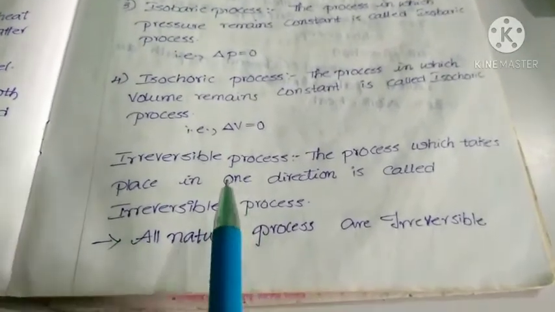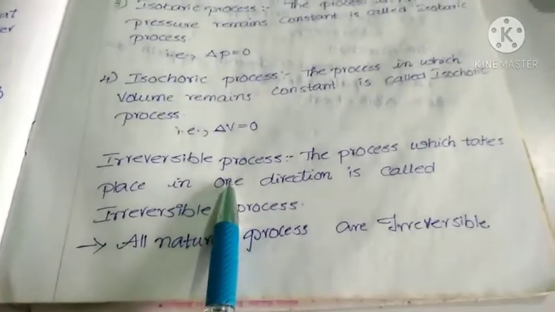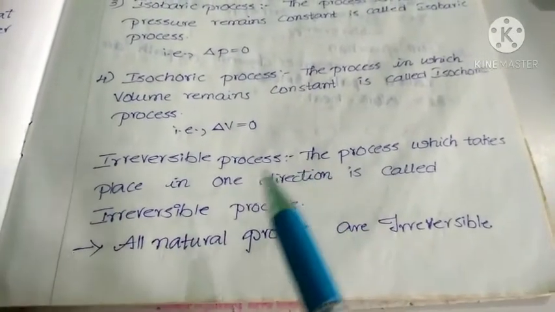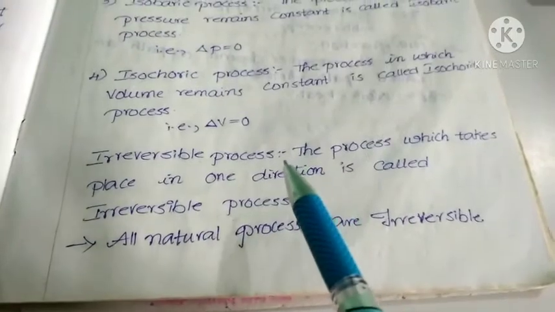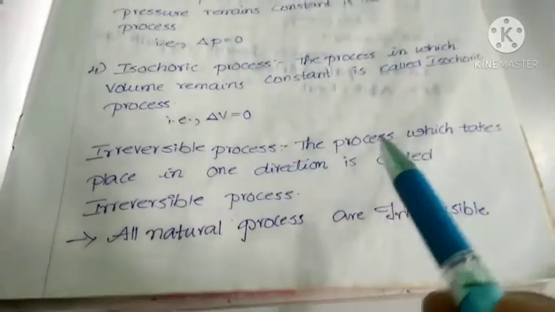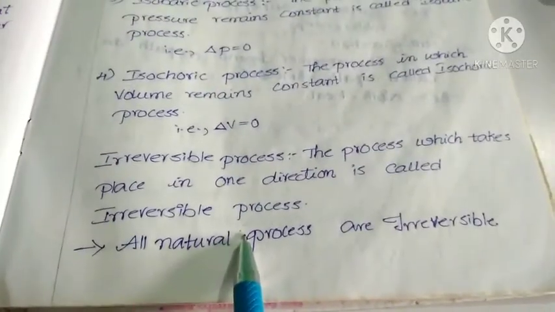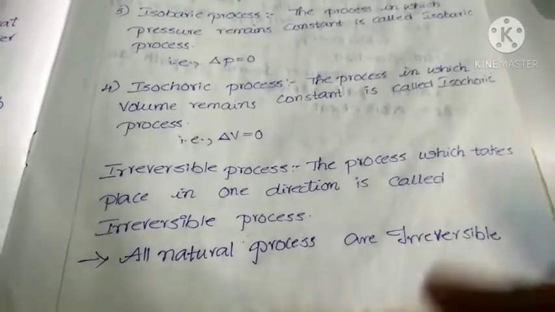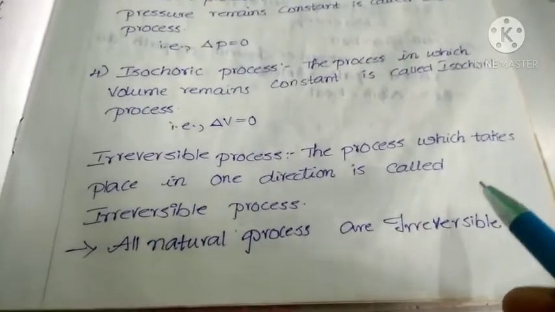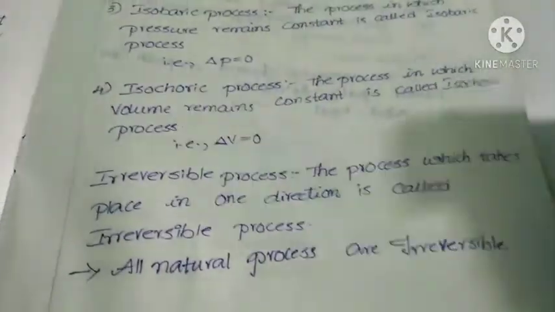Next, irreversible process. Irreversible process means the process takes place either from system to surroundings or from surroundings to system. Nothing but either forward reaction or backward reaction. What is forward reaction? What is backward reaction?